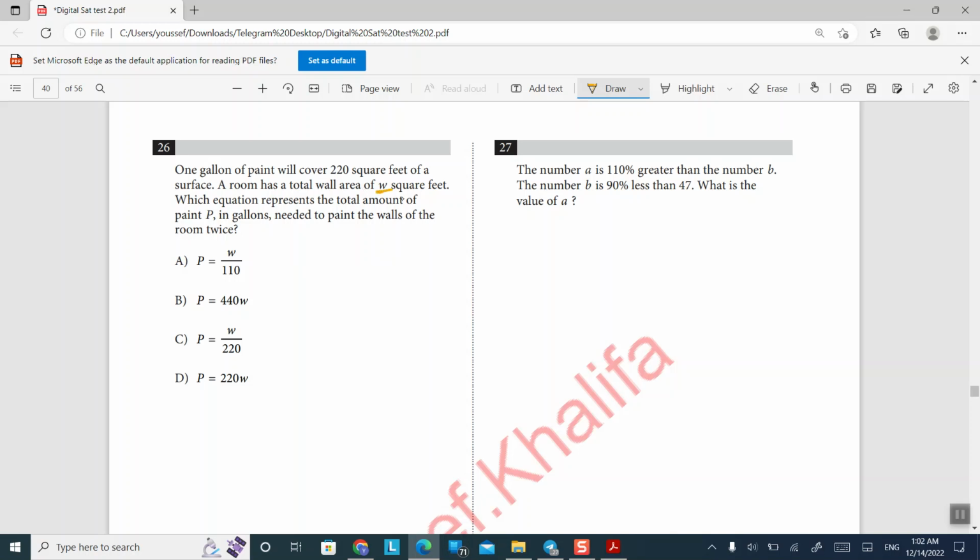Which equation represents the total amount of paint P in gallons needed to paint the walls of the room twice? So 1 gallon will cover 220 square feet.